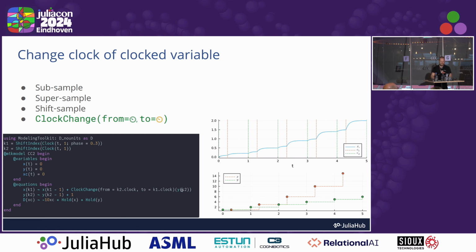So we say we have a variable here belonging to clock 2, but we change from clock 2 to clock 1, and it's now available to use in the first discrete time partition. If we hadn't included this clock change operator here, Modeling Toolkit would say clock inference exception. I can't figure out what the clock for X1 is because it looks like it belongs to two different clocks. So you have to be explicit about what is your intention here.